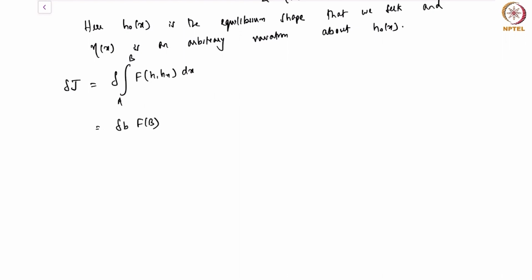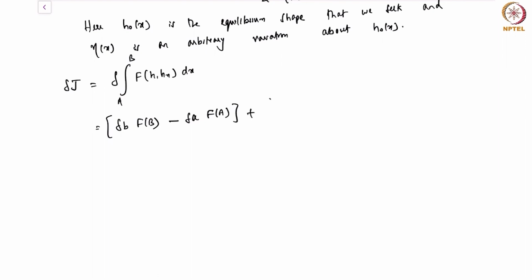This is f at b minus f at a. That's the first one. I'm using a product rule here: integral of two quantities f and dx. Now dx would just be b minus a, but now we have variations as well, so the variations of b and a come in. That's the contact line positions.